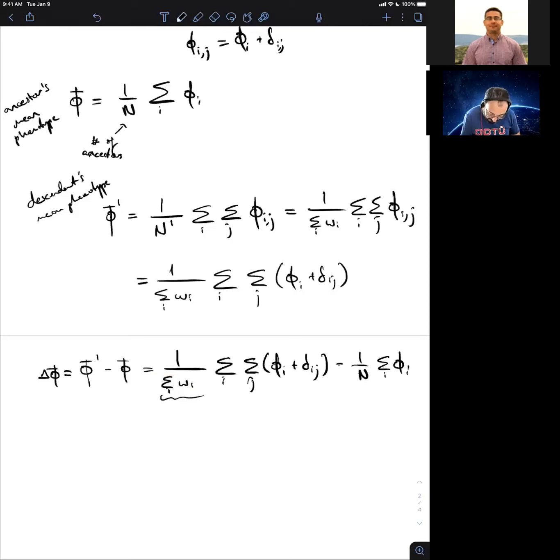You can write this as n times W bar, because W bar is defined as 1 over n sum over i of Wi. So if you multiply this by n, you get n times W bar, which is this sum here. The advantage of doing that is that then we have 1 over n here and here, so you can factor out that 1 over n.